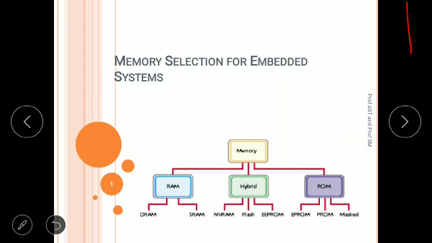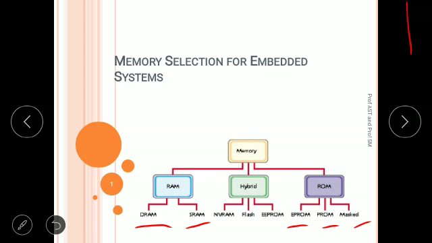As shown in this figure, we have already seen in previous classes, memory can be broadly classified as RAM and ROM. Under the RAM we have DRAM and SRAM, and for ROM we have EEPROM, PROM and masked ROM. Other than these, we have also seen different types of memories, but broadly these are the two main divisions.